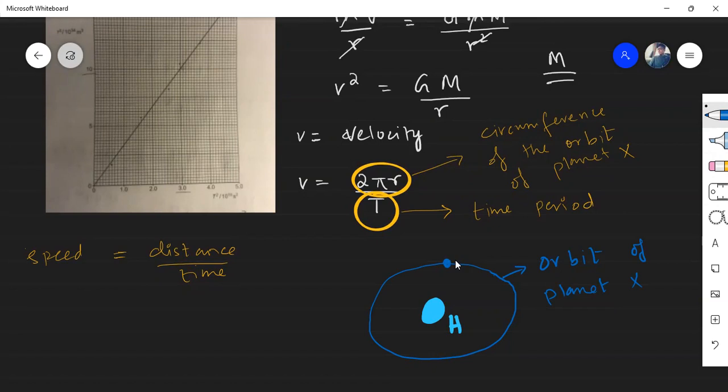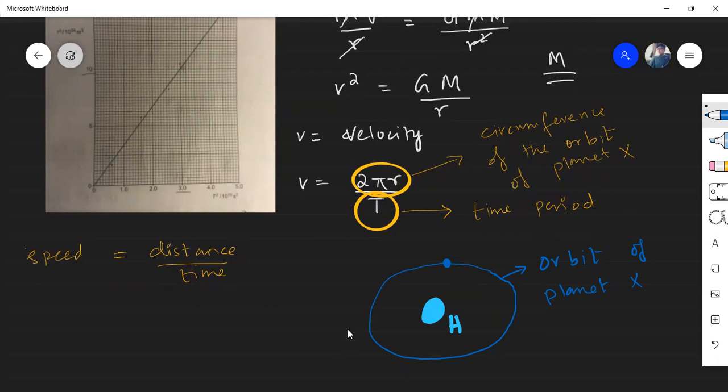So if this blue dot is the planet X, then the total distance that this planet covers in one orbit is equal to the circumference of this orbit. Okay.